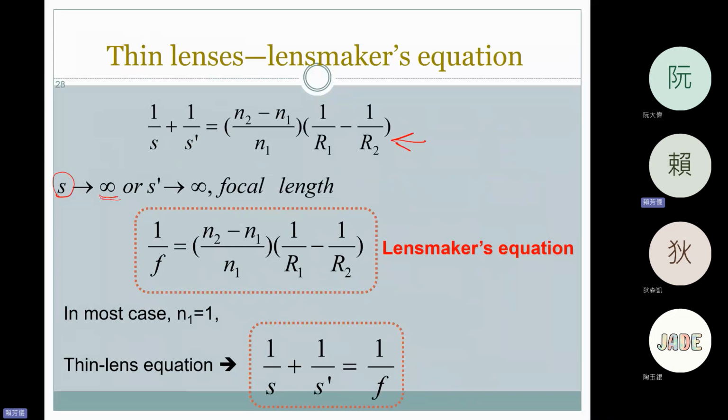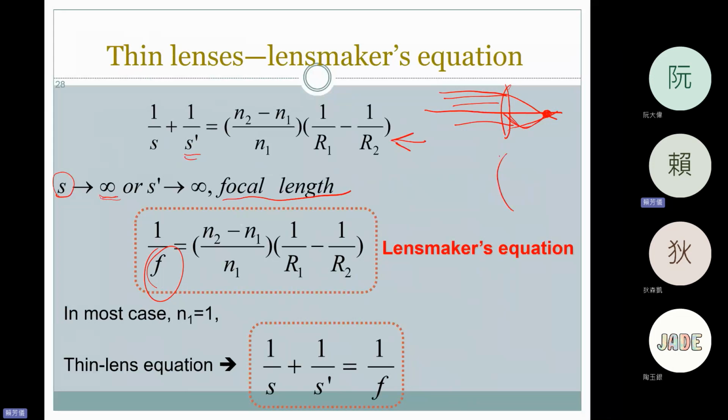Okay, and we know that the light will finally converge to a point, and this point we call the focal point, F. And actually this F is S2 prime.